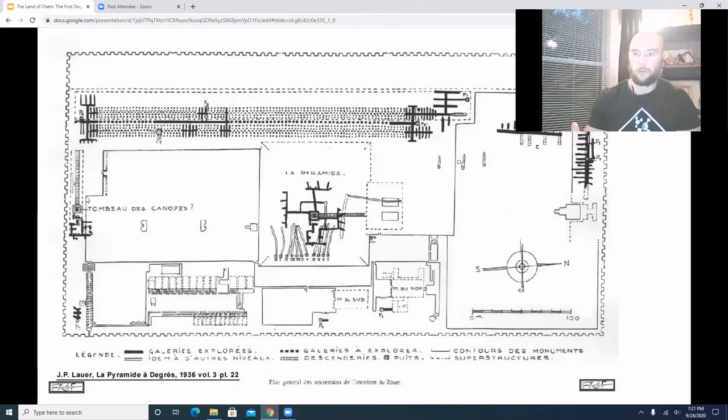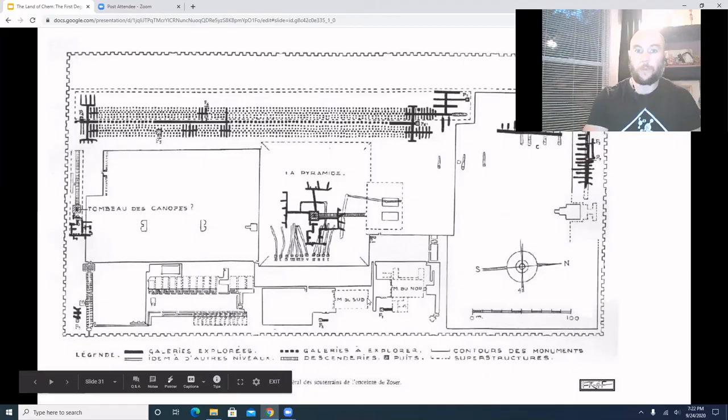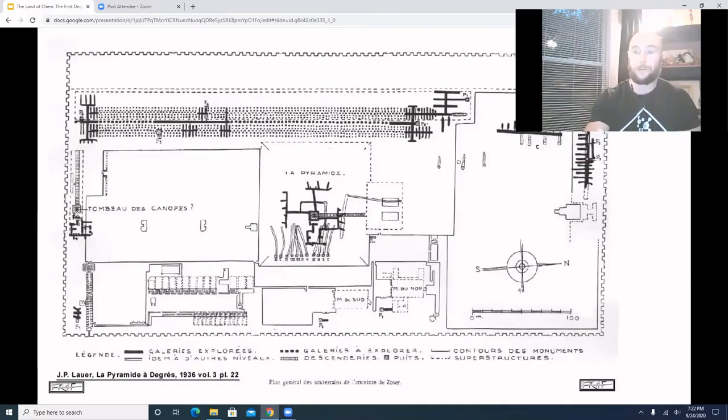And you see here on the western portion of the step pyramid complex that there was a large series of what I would call silos that were constructed. And I'm not going to get into what those were used for or what this complex on the eastern side of the structure is for. For those of you that want to read the book, you can find out the full secrets of the structure.